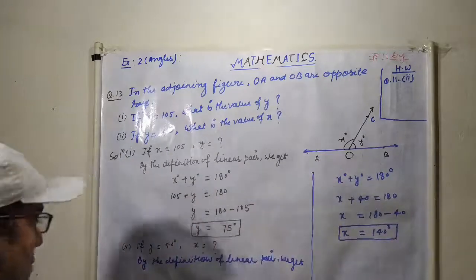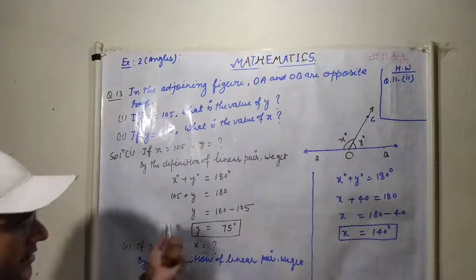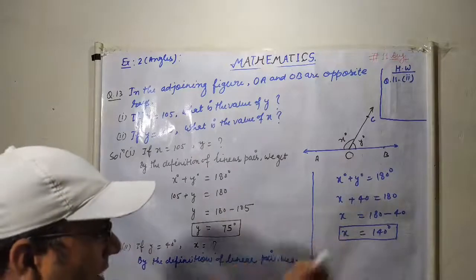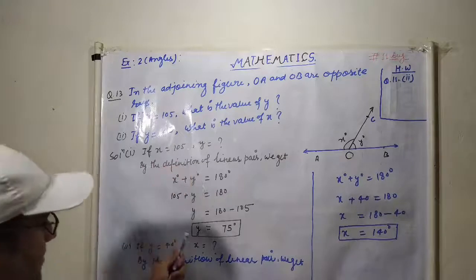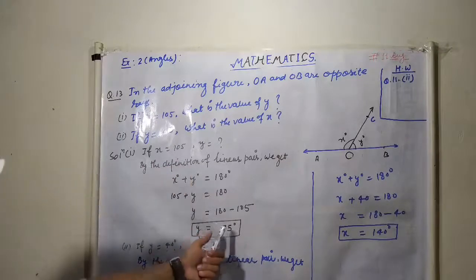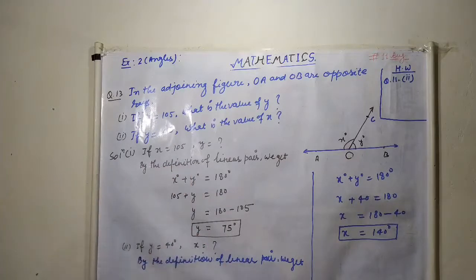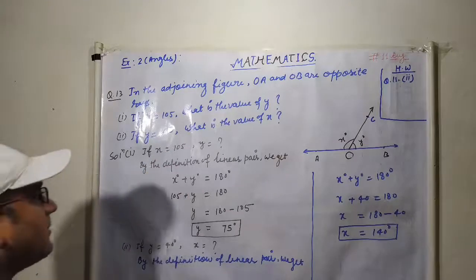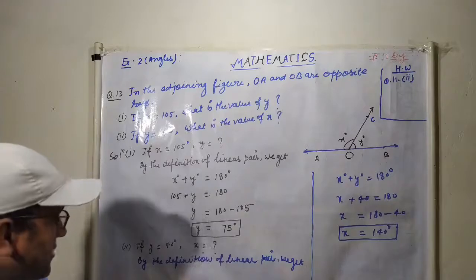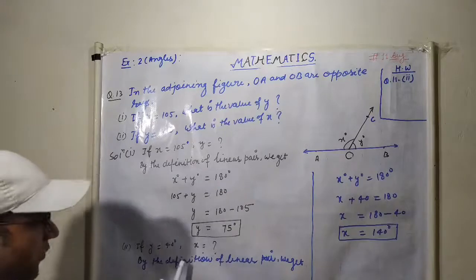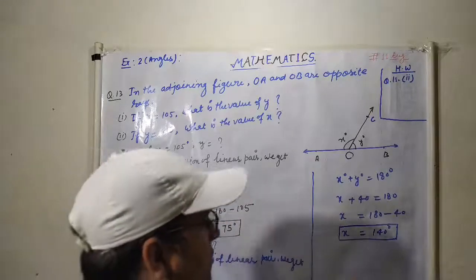When y is 40, then the value of x is 140. And when x is 105, then the value of y is 75 degrees. Okay students, when x is equal to 105 degrees, the value of y is 75, and when y is equal to 40, then the value of x is equal to 140 degrees.